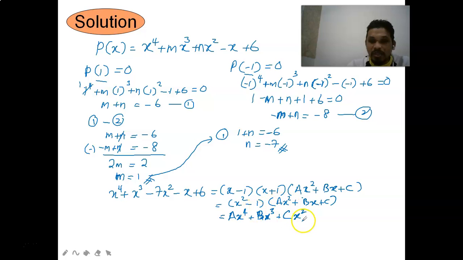Then ax squared times negative 1 gives minus ax squared, bx times negative 1 gives minus bx, and c times negative 1 gives minus c. So now we have ax to the power of 4 plus bx cubed plus (negative a plus c) x squared minus bx minus c.